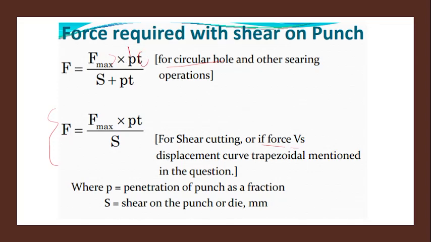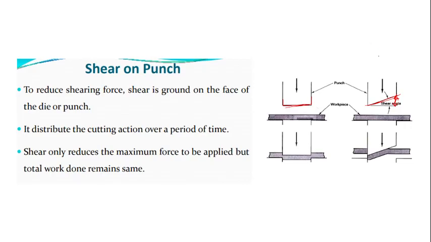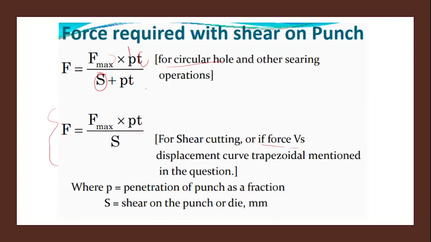T is the thickness of the sheet, and shear, whatever the height that I have shown here, this height, that will also be given in mm. F max is whatever the force that we were calculating, that sigma into A s, that is the force here. Now the force will change. How it will change is defined by these formulas.